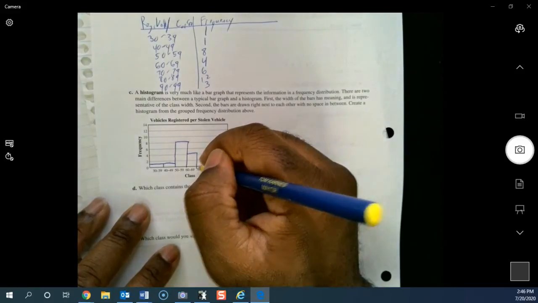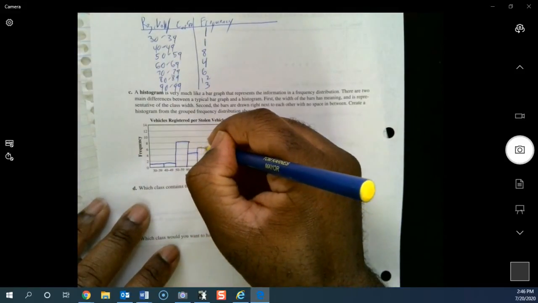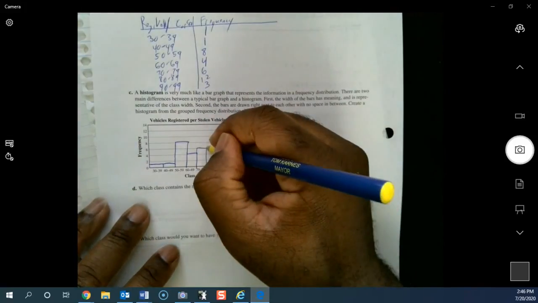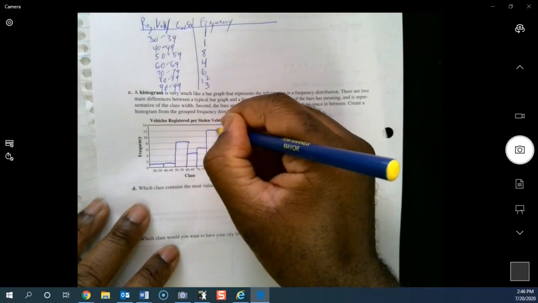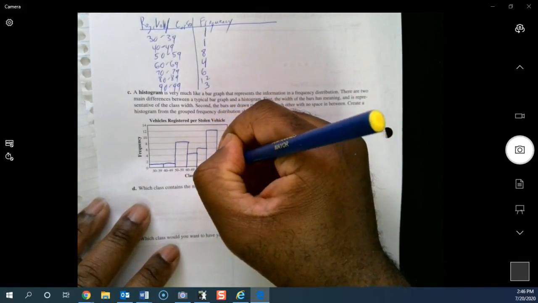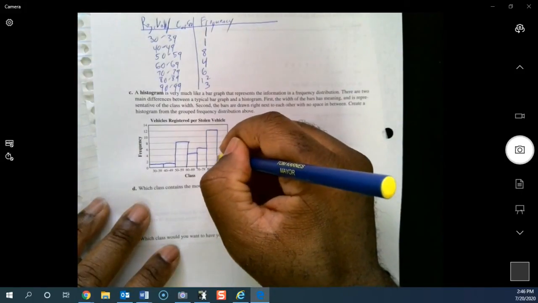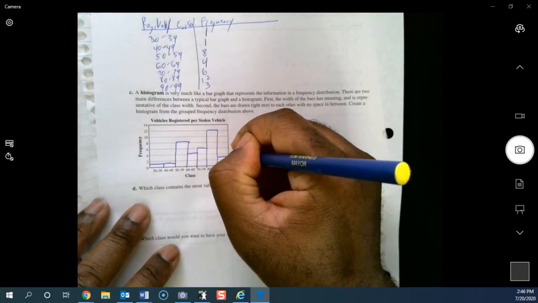Then the 70 to 79 is 6. 80 to 89 is 12, so we'll go up here to 12. Then finally, 90 to 99 is 3, so it'll be in between the 2 and 4.